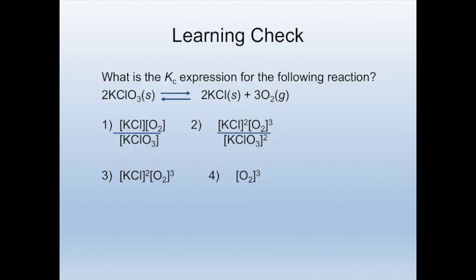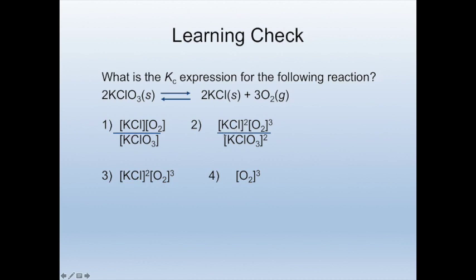Here is another example. What is the Kc expression for the following reaction between potassium chlorate going to potassium chloride and oxygen? So, the first option is the concentration of KCl times the concentration of oxygen divided by potassium chlorate.